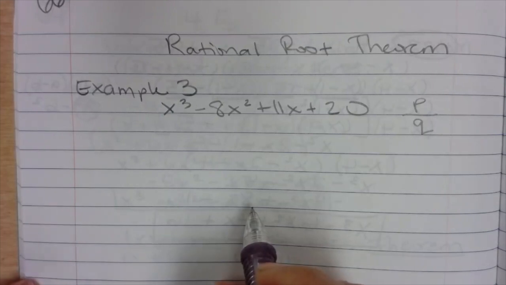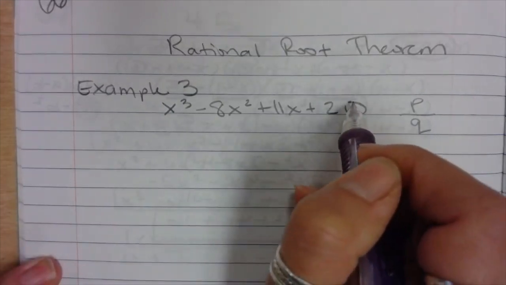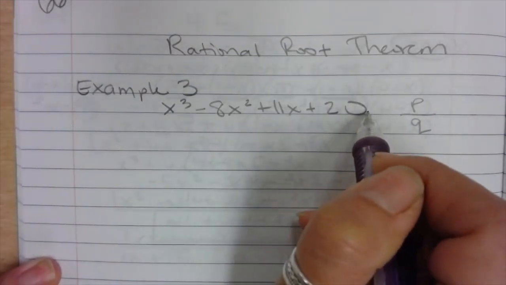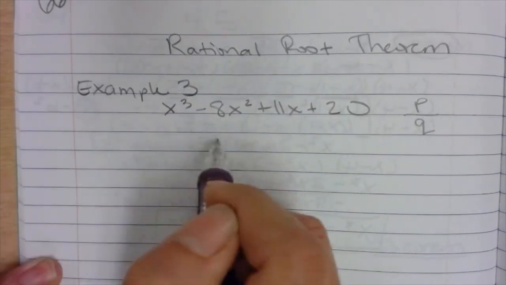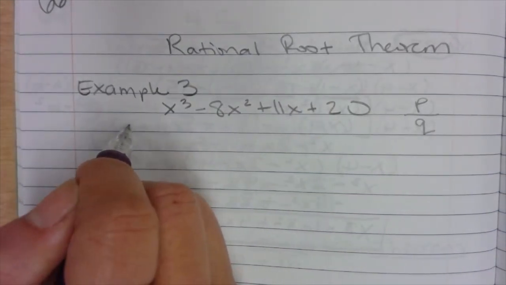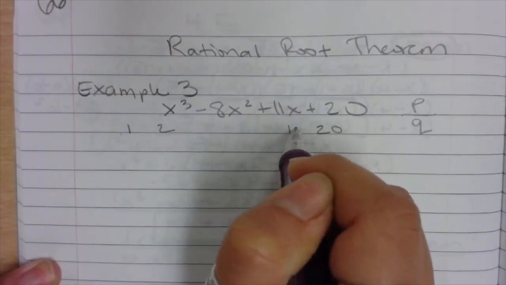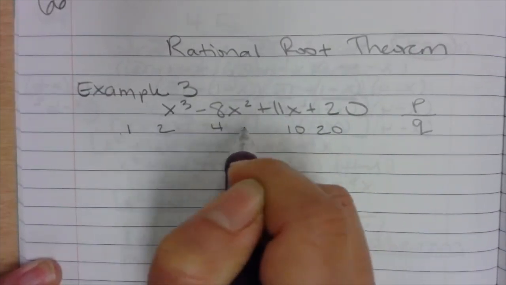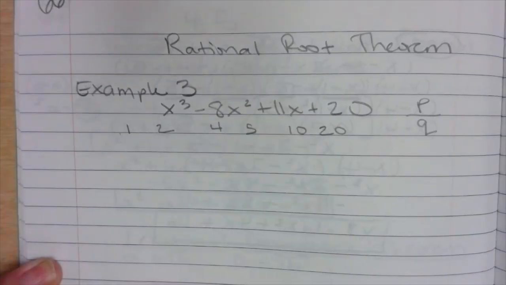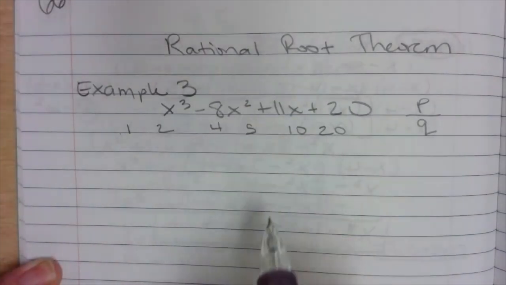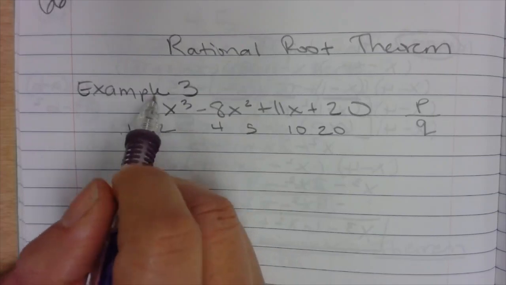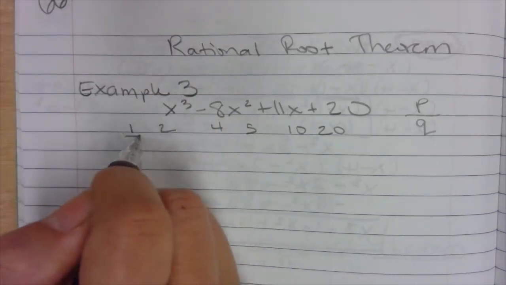Okay, so let's write down all the factors of the constant, which is 20. I'm going to write them as pairs because it makes it a little bit easier. So 1 and 20, 2 and 10, 4 and 5. It's also always going to be the positive and the negative. Now, luckily, the leading coefficient here is 1.